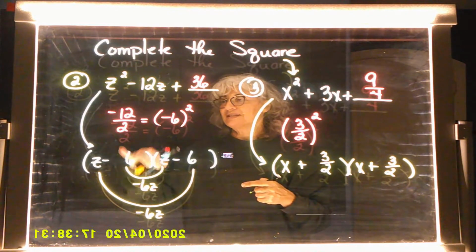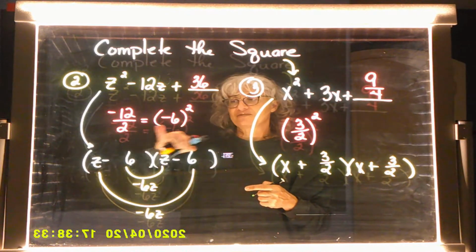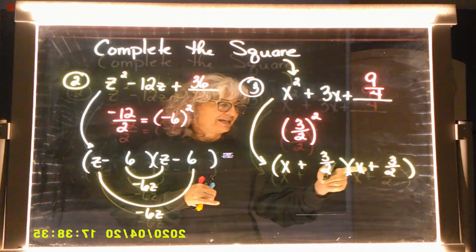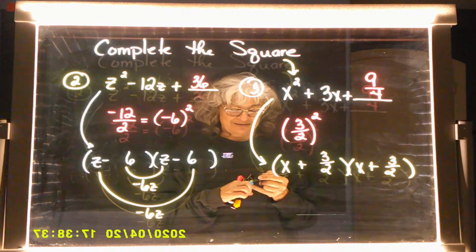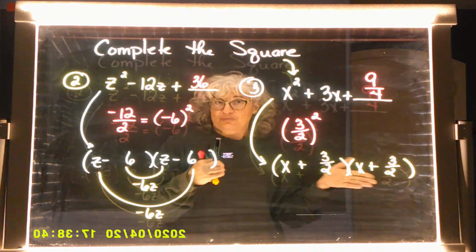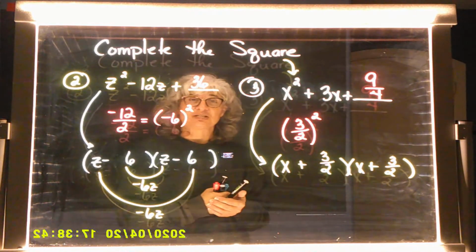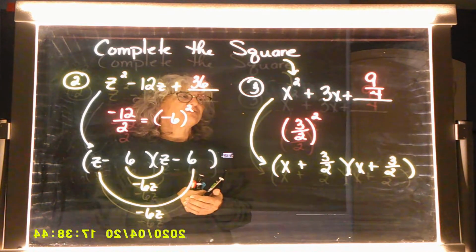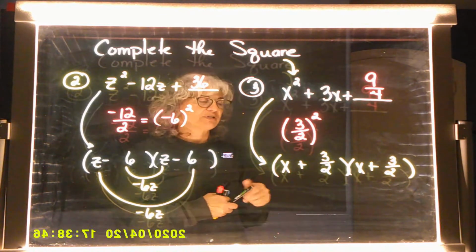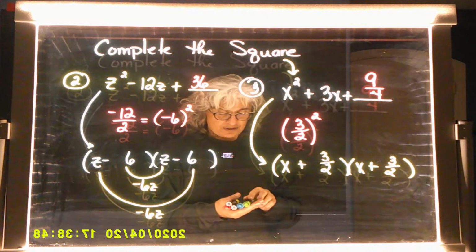You put minus 6 because that's what you got when you took half of the negative 12, right? If I put 3 halves, that should be my result on factoring, shouldn't it? Now, some of you are not buying that you would get a positive 3 if you redistribute. Let me show you.